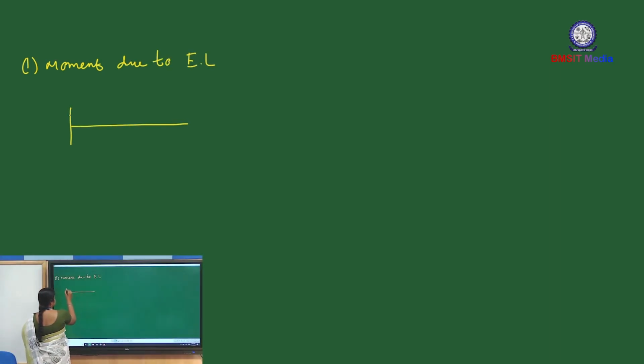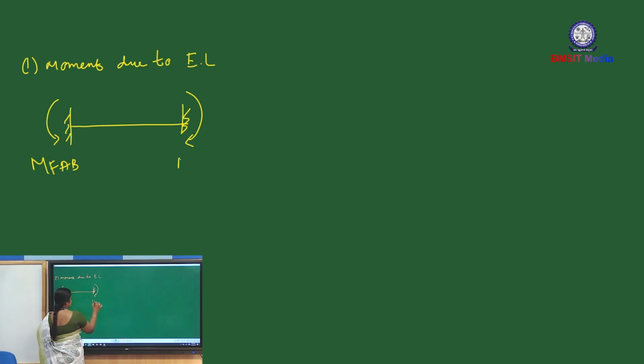Due to external load, some of the moment will be induced at the ends. External load may be UDL or point load. So some of the moments will be developed at the ends, and that is called fixed end moments. This is left side, this is right side. So fixed end moments M F A B, this moment will be developed due to the external load at the left hand as well as the right hand, M F B A. F means fixed end moments.